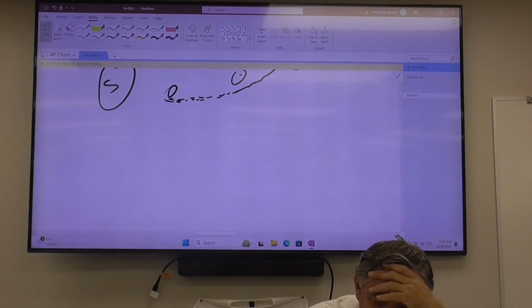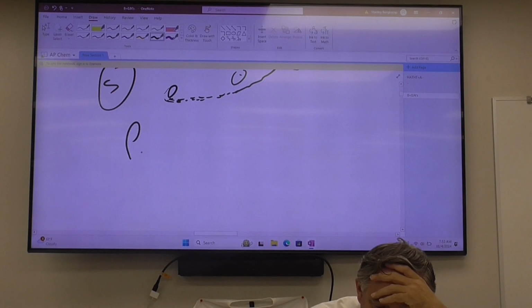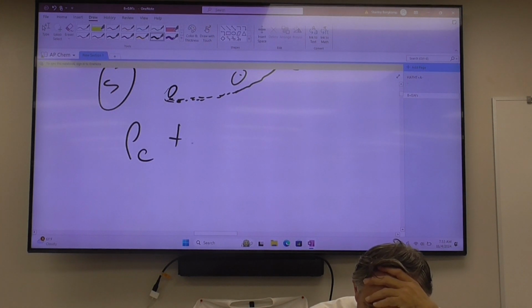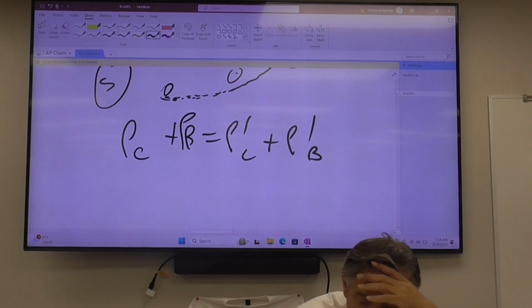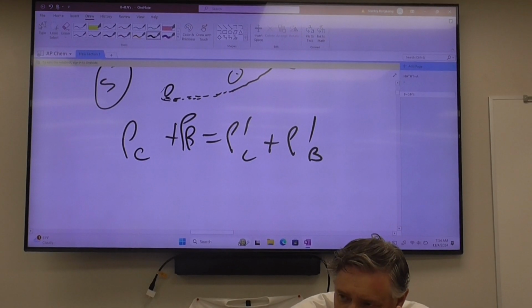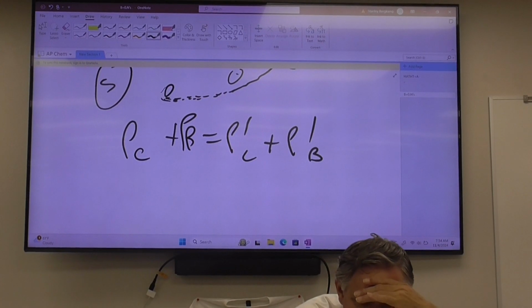Yeah. So, here's how this starts. You have the momentum of the clay plus the momentum of the block equals the new momentum of the clay plus the new momentum of the block. They all start the same way: the law of conservation of momentum.